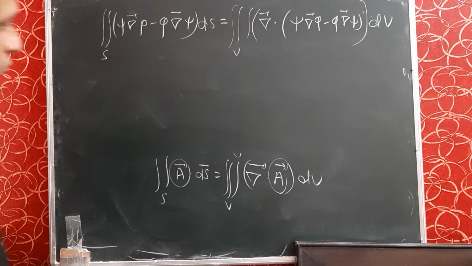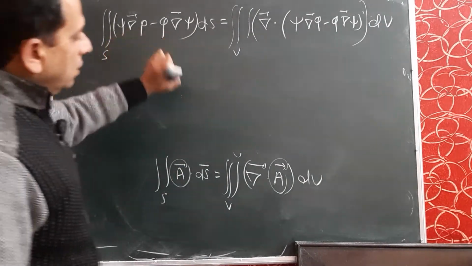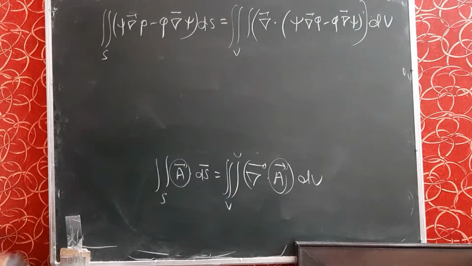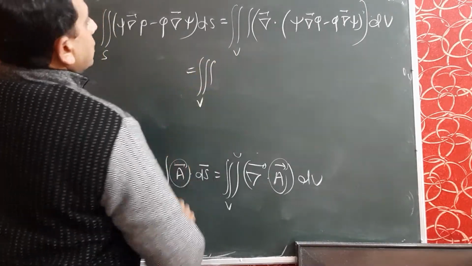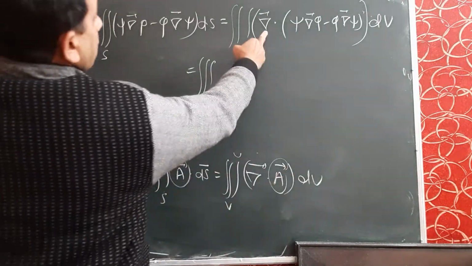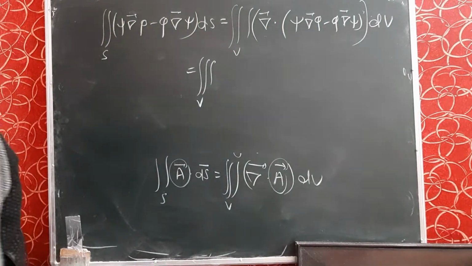I have put the value of a on both sides. Now, on the right hand side, it is del dot this function. Del means derivative.